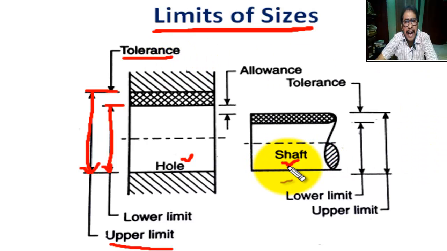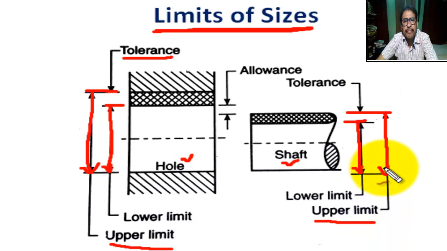This is the shaft. This is the lower limit size of shaft. This is the upper limit size of shaft. Difference between upper limit size minus lower limit size is called tolerance.